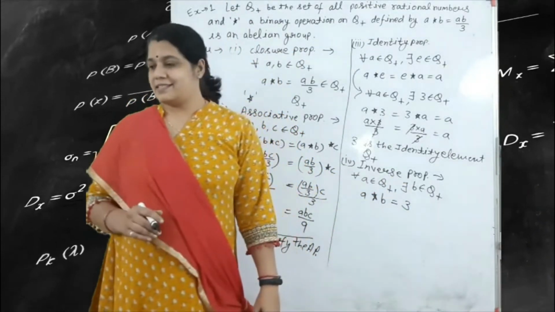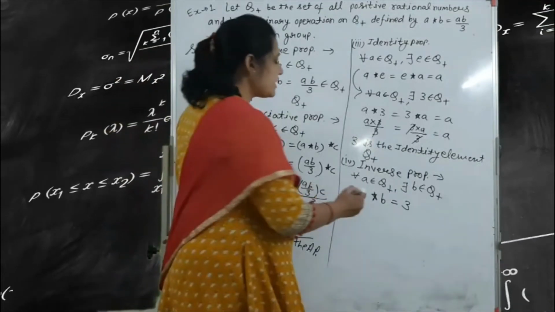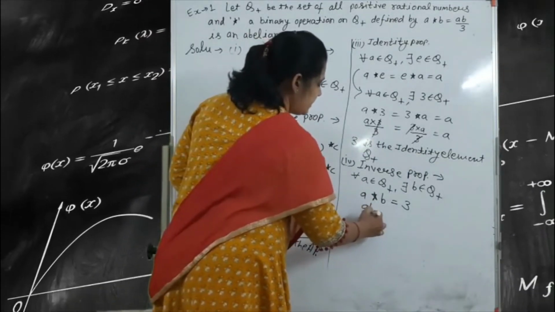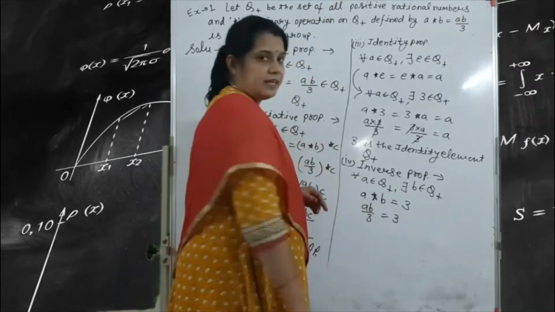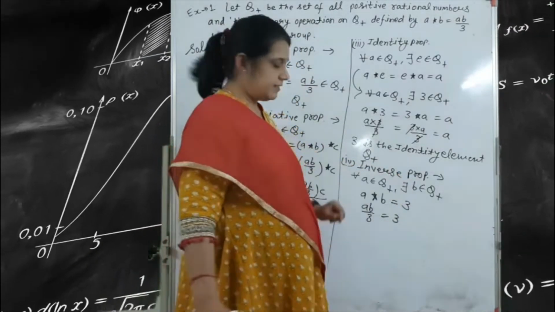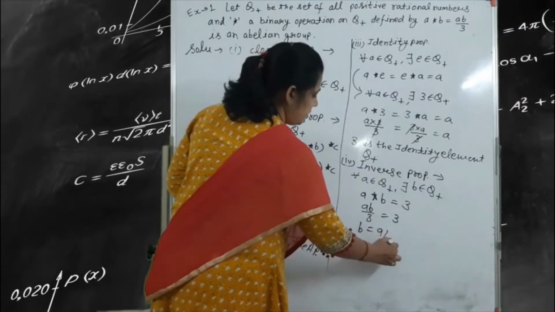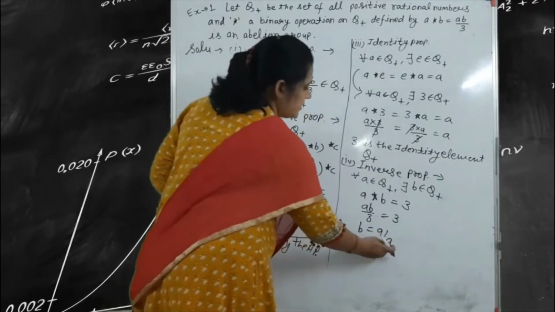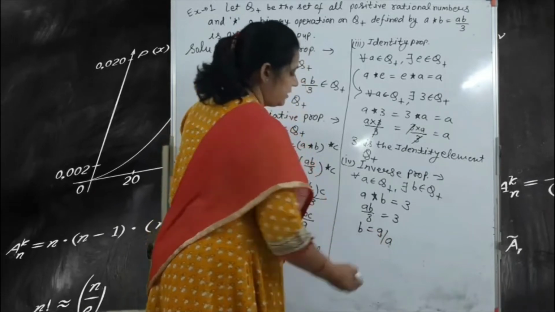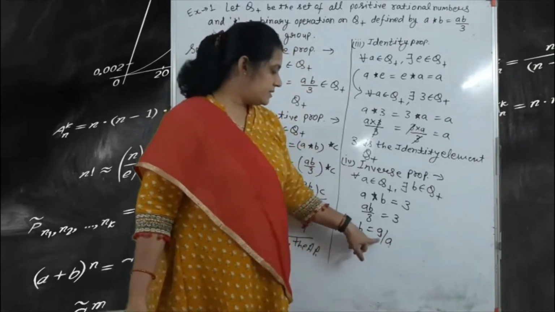Okay, so A star B, that means AB by 3, is equal to 3, and here B is the inverse. So B is equal to 9 upon A.